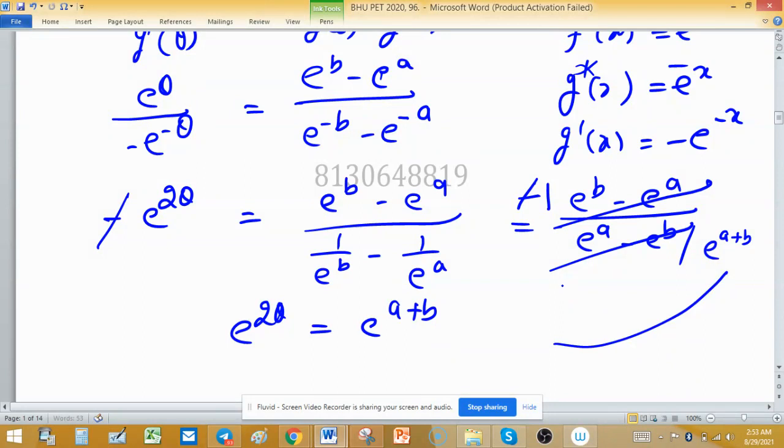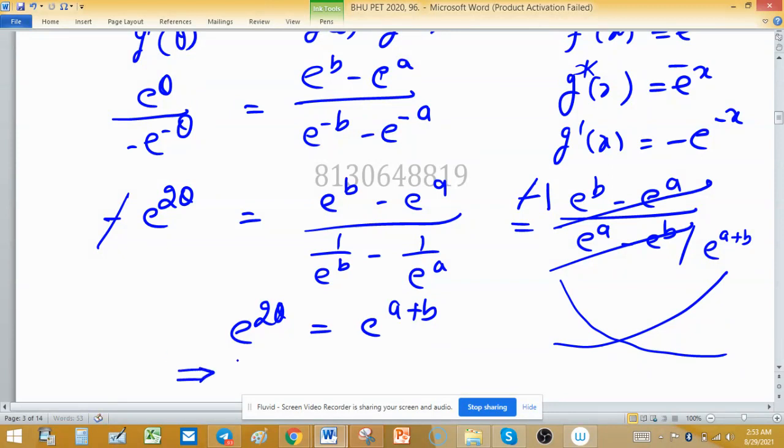Suppose either this is e raised to the power x or e raised to the power minus x. If we draw a perpendicular line, then the graph intersects at only one point. So using this concept, you can say the function is one-one.